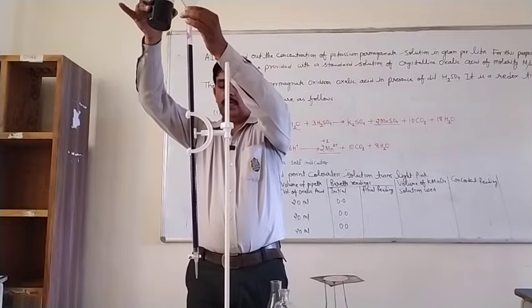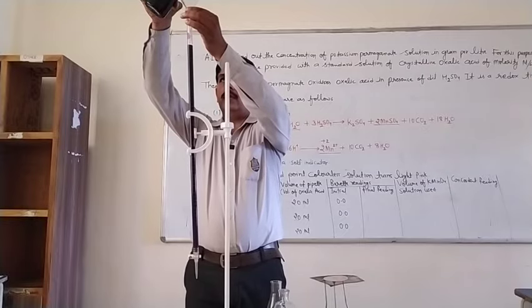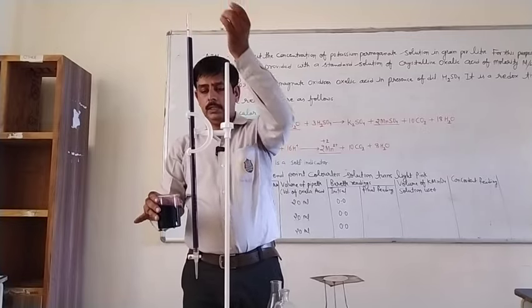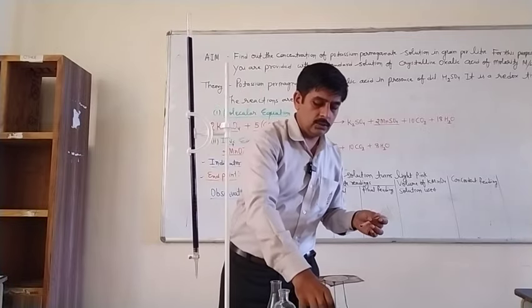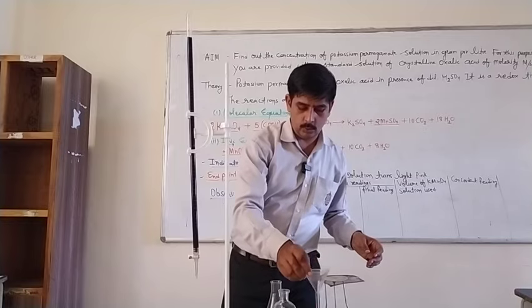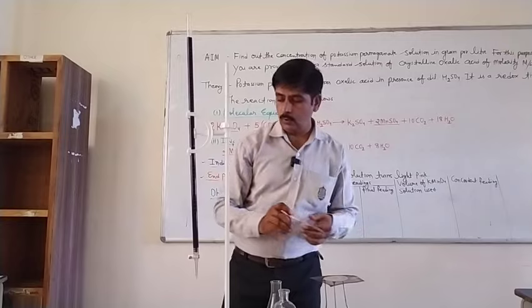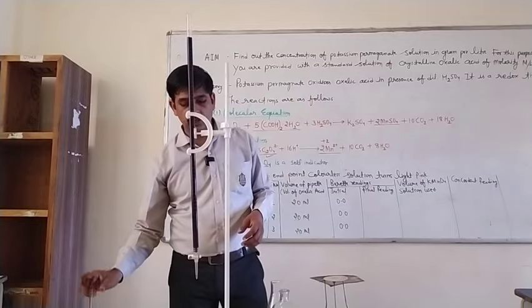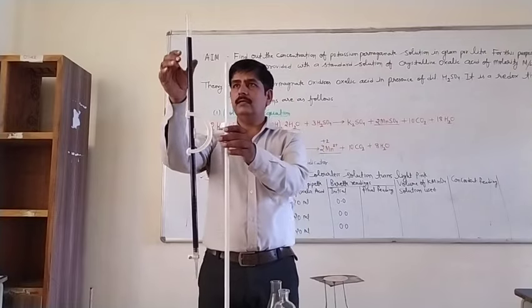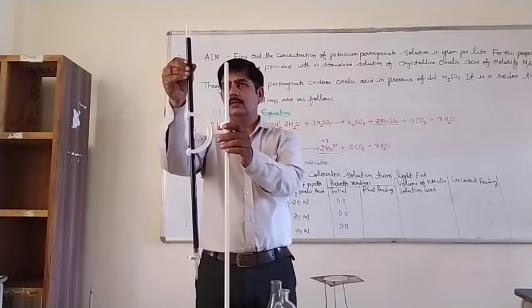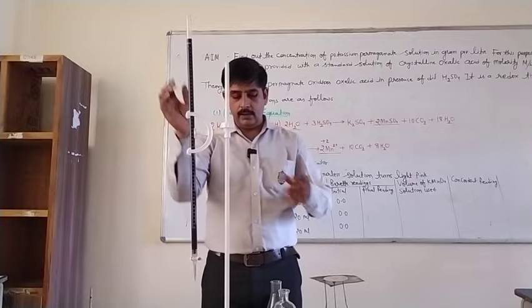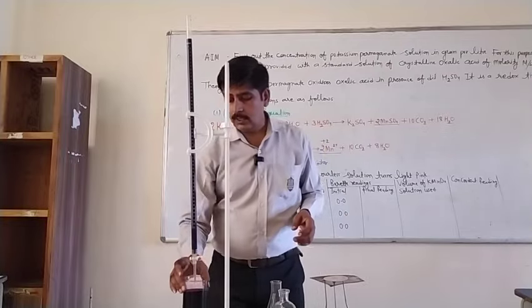While you are adding the KMnO4 solution into the burette, make sure that it is a little above the 0 mark. You have to keep it slightly above 0. Now what we have to do next: as I said, the mark is above 0 here, a little more than 0, so you will have to make it 0.